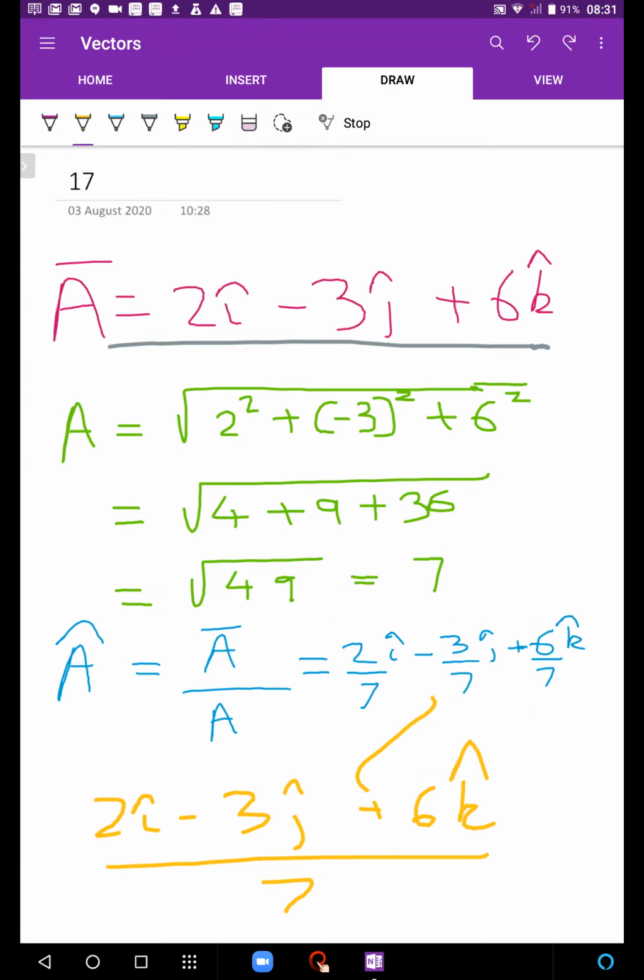So both forms are correct. A bar by A is this, and then you can also split that and write it as 2 by 7 I cap minus 3 by 7 J cap plus 6 by 7 K cap. Exactly the same. Okay? Simple. Finding the unit vector and the magnitude, given the vector itself.